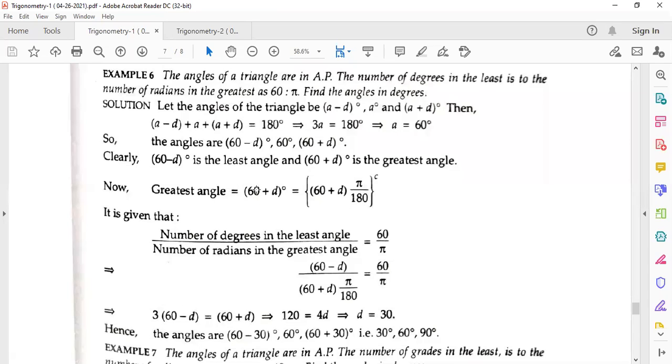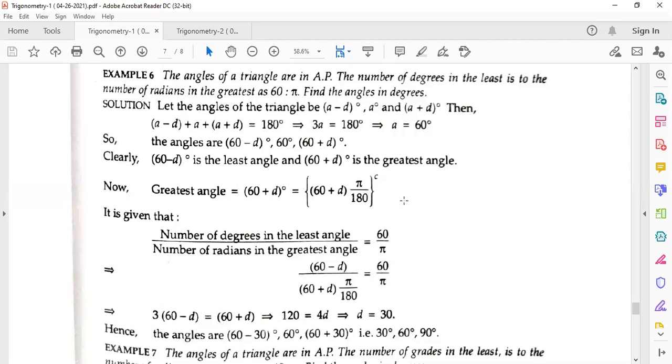So greatest is given in the radian, so we have changed this greatest part into the radian, 60 plus d into pi by 180. Now according to the question, number of the degree in the least angle by number of the radians in the greatest angle is 60 by pi. So it is 60 minus d by 60 plus d into pi by 180 equal to 60 by pi.